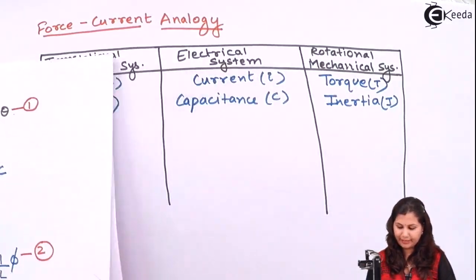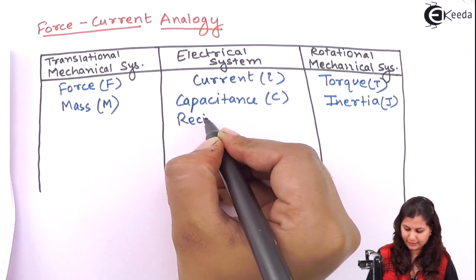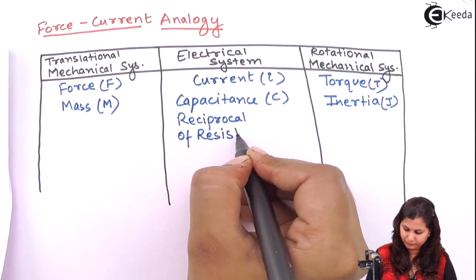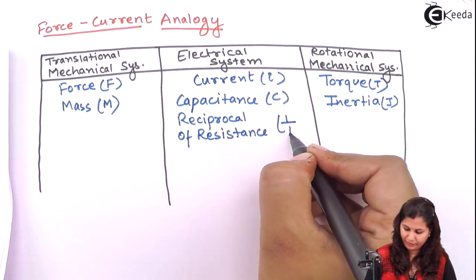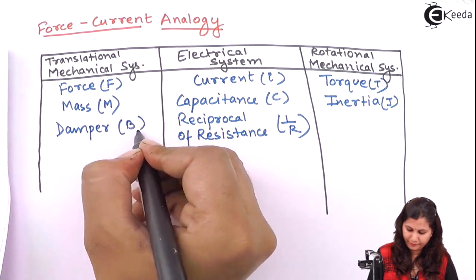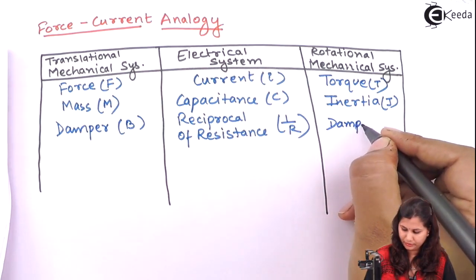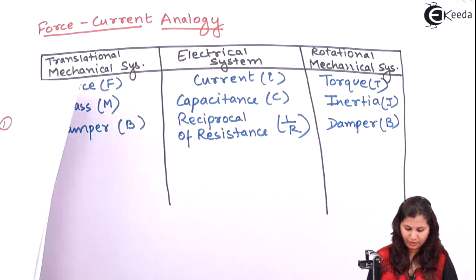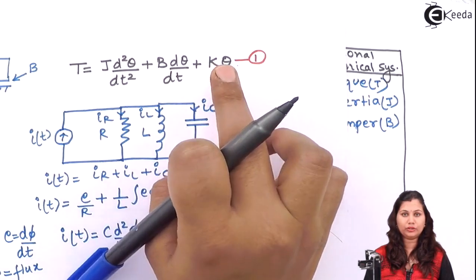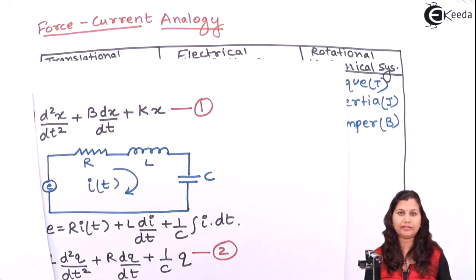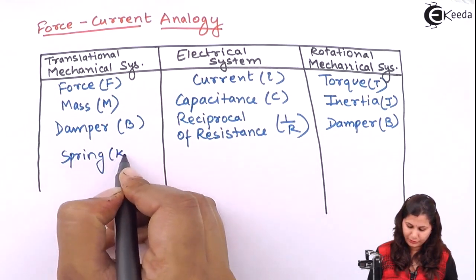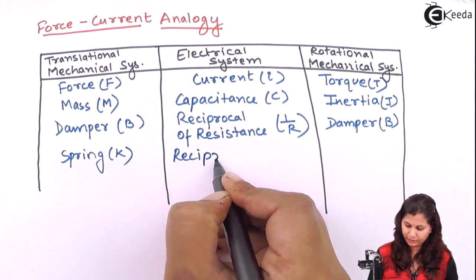So both these dampers are equivalent to the reciprocal of resistance. So we will have 1 by R here, here damper B, and here also damper B. Now here we have the reciprocal of inductance, which will be equal to the spring constant, and here also we have the spring constant. So spring K is equivalent to the reciprocal of inductance.